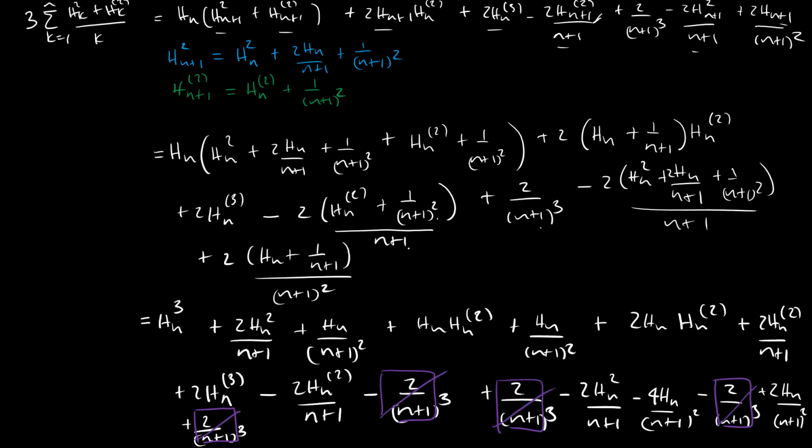Okay, and then the next item, let me see, this and this and these two would cancel each other. Negative 4 plus 2 remains negative 2, and then these 2, so these end up canceling each other.